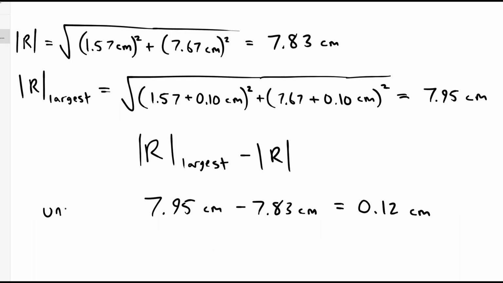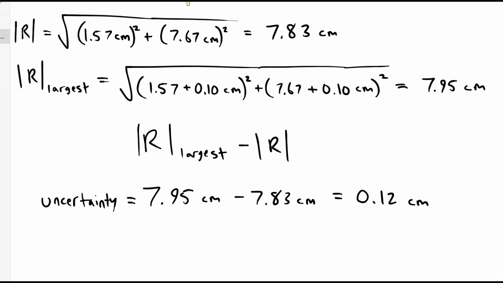And so I'll use that as my uncertainty in the magnitude. So my best estimate of the magnitude was 7.83, but according to these calculations, I might be off by as much as 0.12.